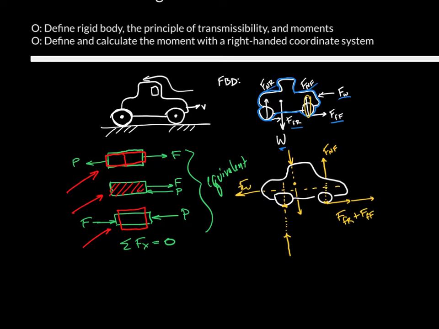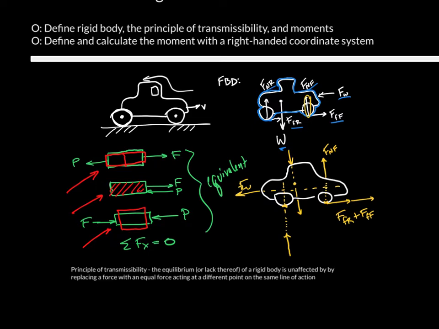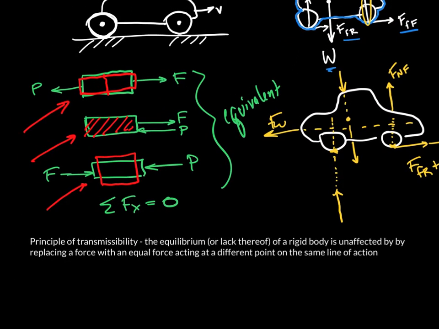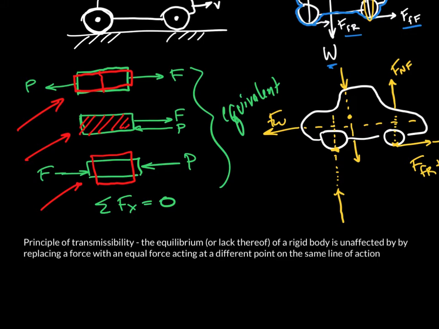So we have the principle of transmissibility, which says that the equilibrium, or lack thereof, of a rigid body is unaffected by replacing a force with an equal force acting at a different point on the same line of action. That's the official definition. This equal force, of course, has to be acting in the same direction.